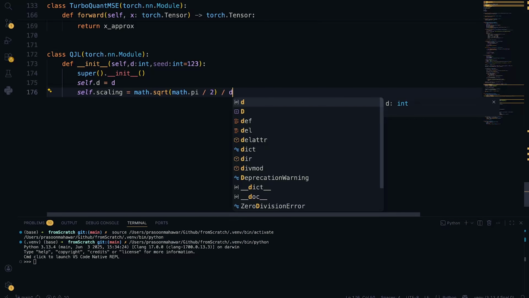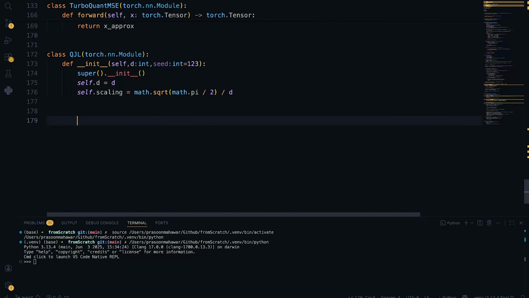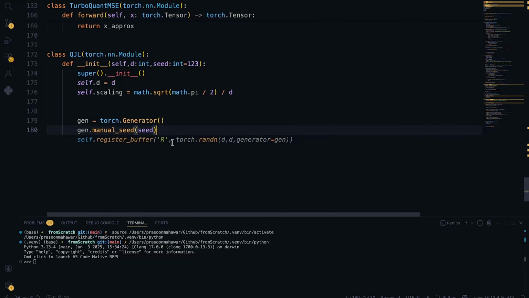And then again we have the fixed random Gaussian matrix: gen equals torch.Generator, gen.manual_seed, and we will register it.